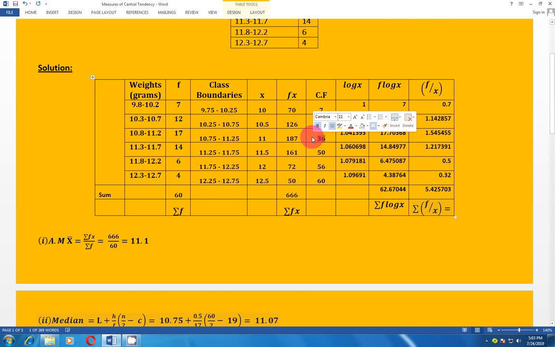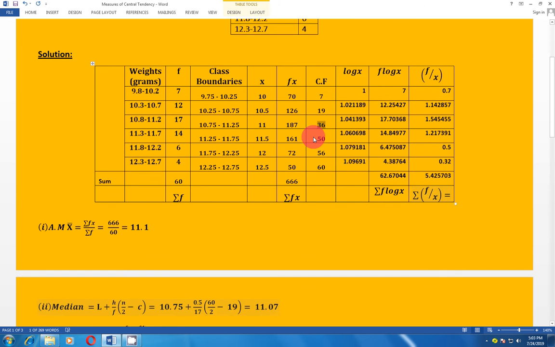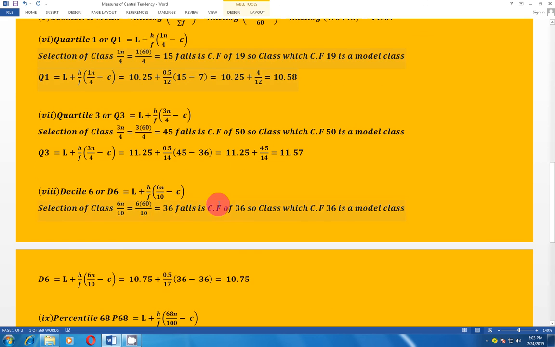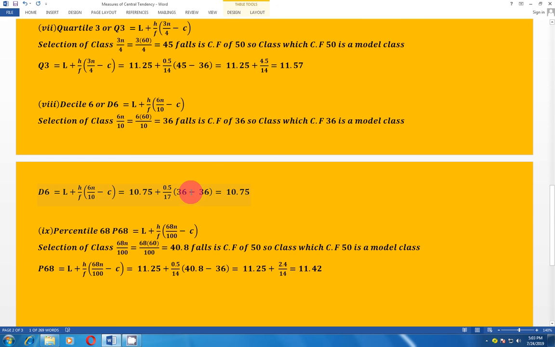So there is no need to take the cumulative frequency which is before the cumulative frequency of the modal class. If both are equal, in the formula we take 36 minus 36, because these are both equal.